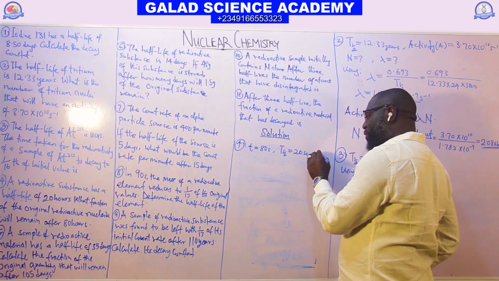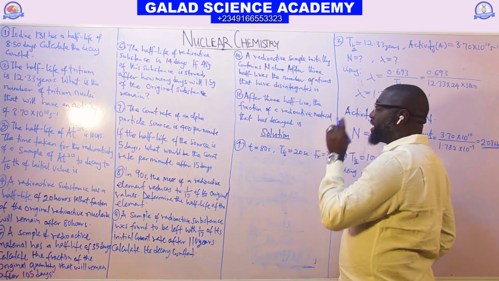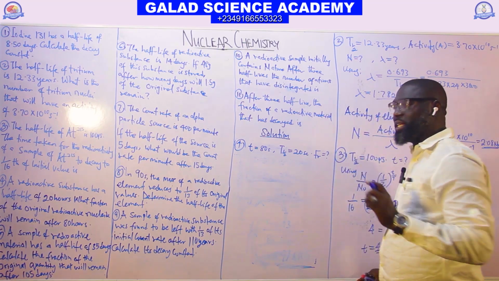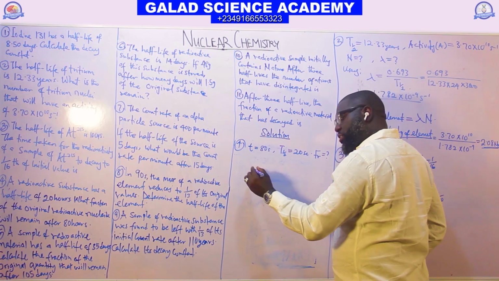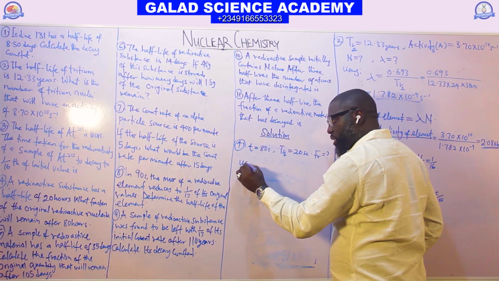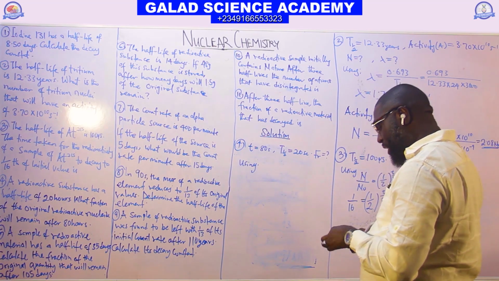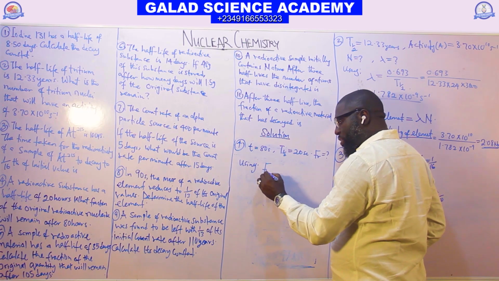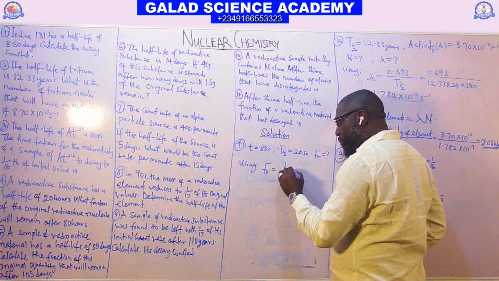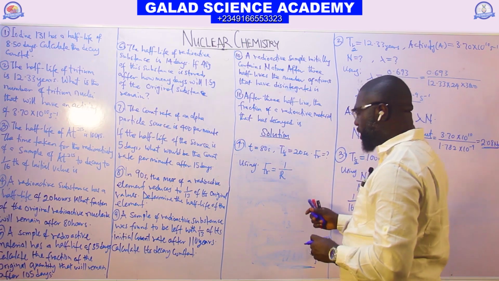Any time they ask for the fraction remaining, apply this short trick. This is the formula I said you use: FR should be the reciprocal of R, the distribution ratio.